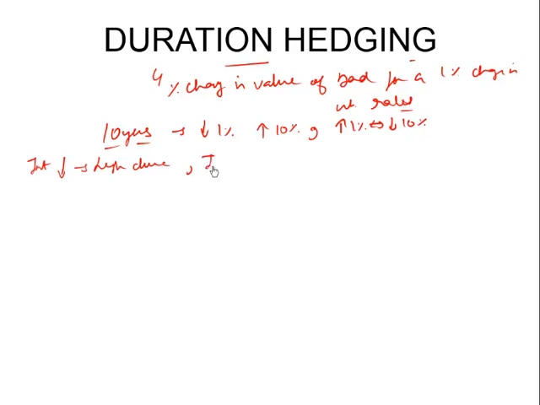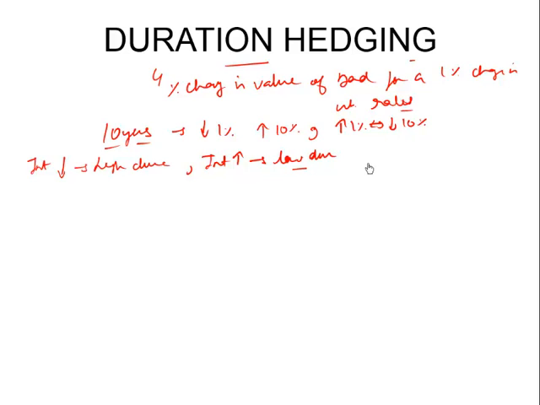If I'm expecting interest rates to go up, then I would like to run a low duration, because as interest rates go up, the value of the bond falls to the extent of the duration. If duration is low, the fall will be lower. If duration is high, the fall will be higher.